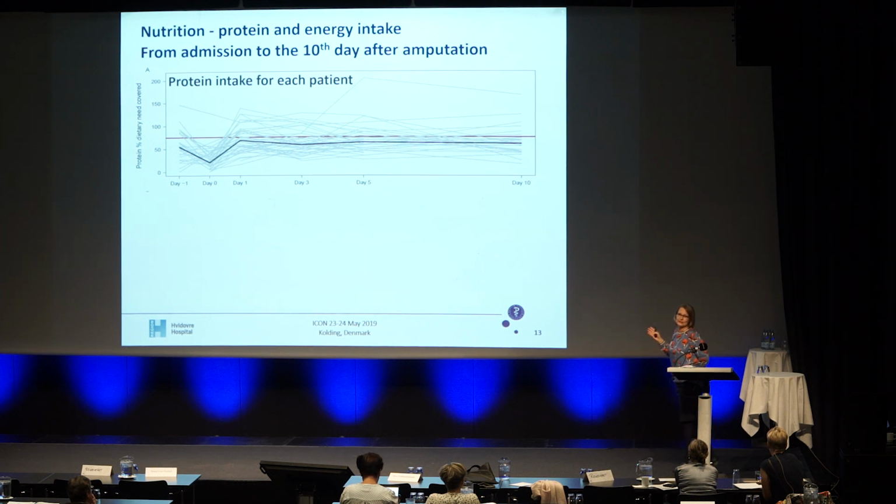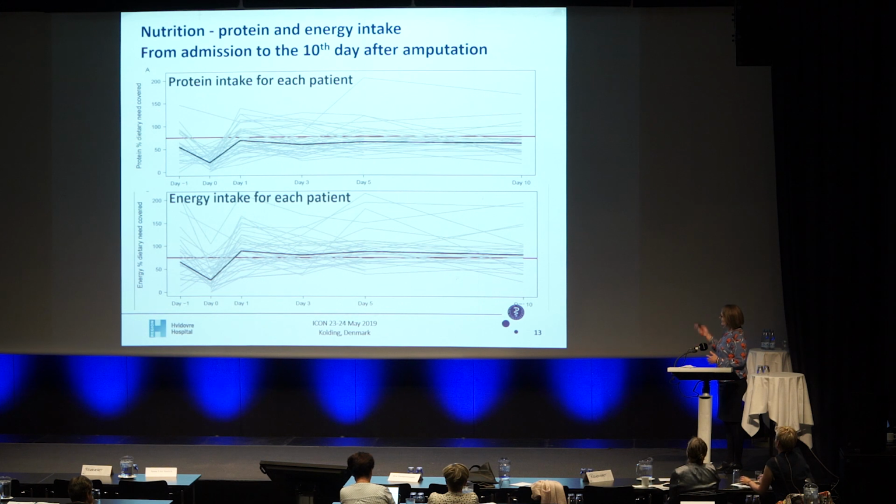What is interesting here is that it doesn't improve. It's stable over time. So the thought that the patient will eat better the next day is a myth within these patients in this sample. They do not get better. It's the same for energy intake. It's a little bit higher, but it's the same.